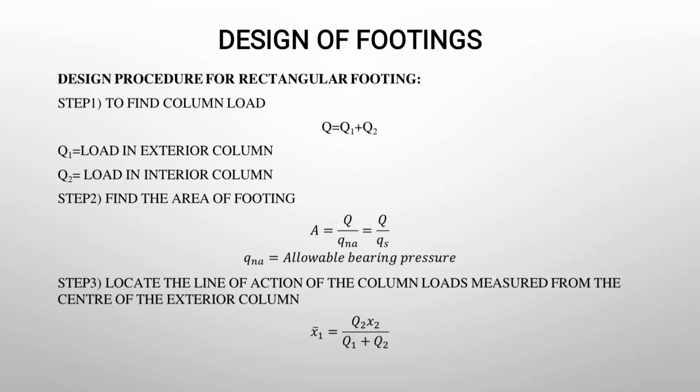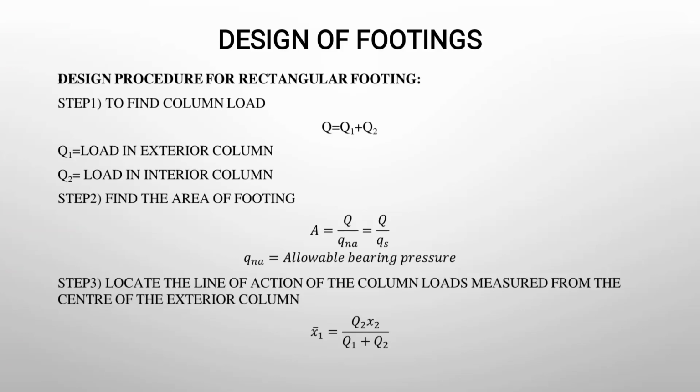And step 2 is to find the area of footing, that is capital A equal to capital Q divided by QNA or QS. Here QNA or QS is allowable bearing pressure. Next step is to locate the line of action of the column load, measured from the center of the exterior column, that is x1 bar equal to Q2 x2 divided by Q1 plus Q2.